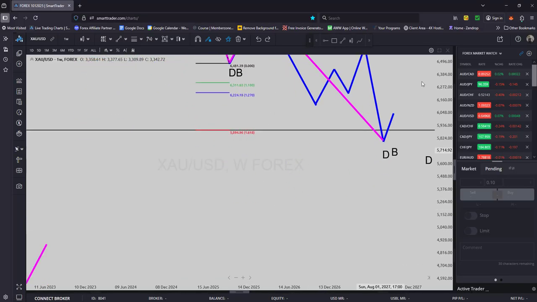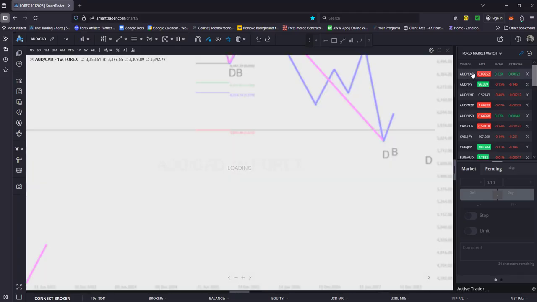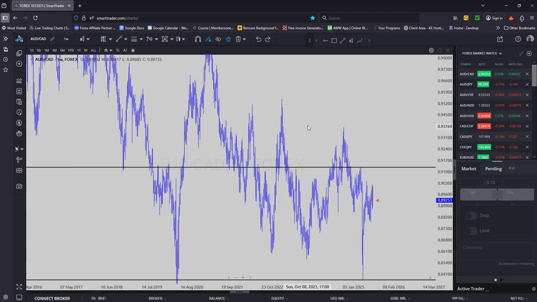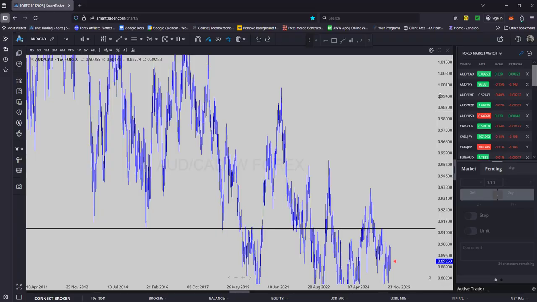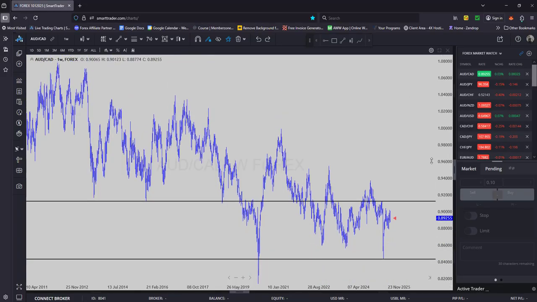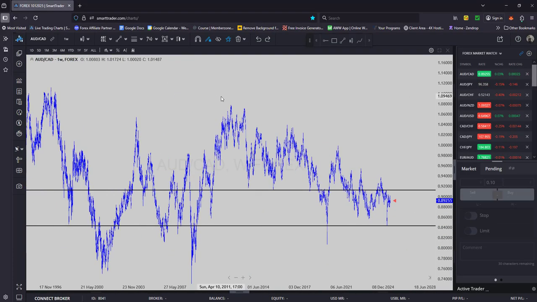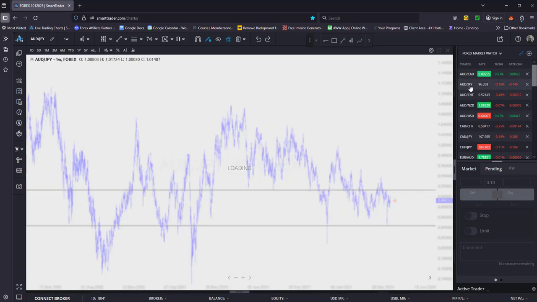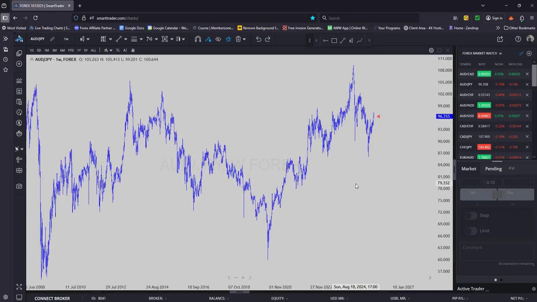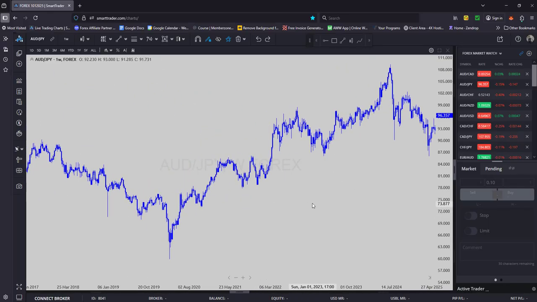It's not random. So let me just go to another chart, any chart. This chart has been pretty sideways, just because I want you all to understand. Let me zoom in.